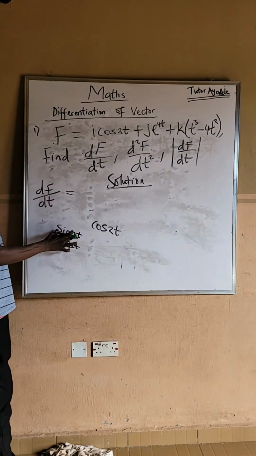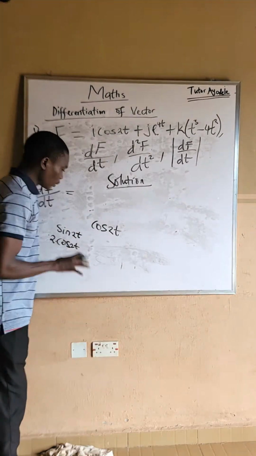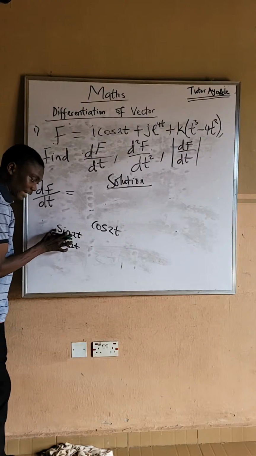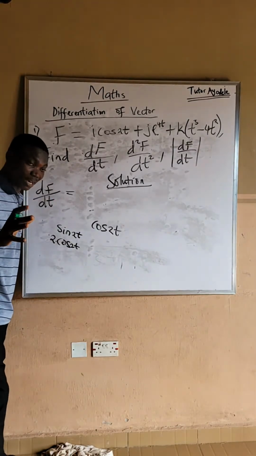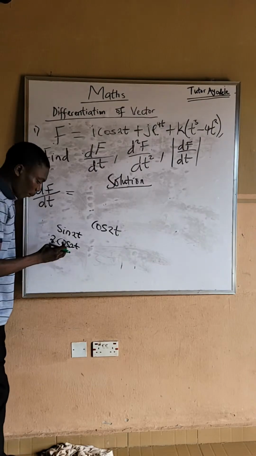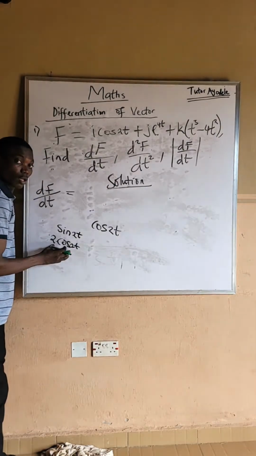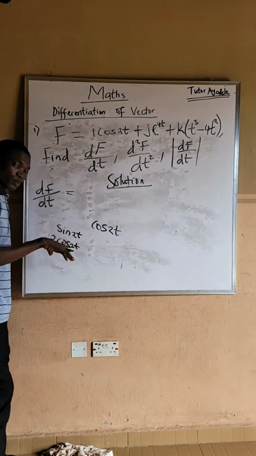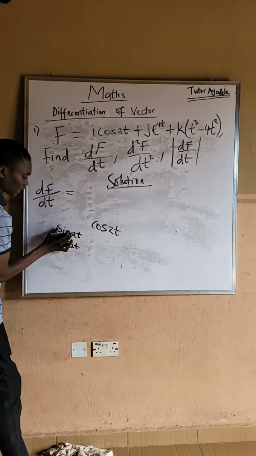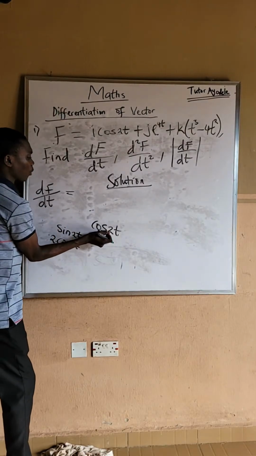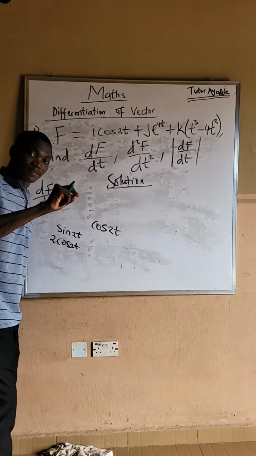So take note, when you are differentiating from sine to cos, it's usually positive. But if you are integrating from sine to cos, it will be negative. Now, if you are differentiating from cos to sine, it will be negative. Take note of that.